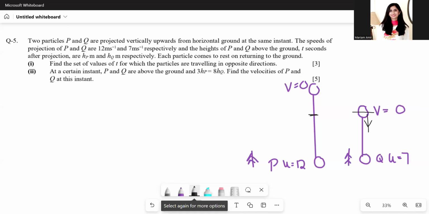But at this height, P will continue going upwards till it reaches its maximum height, when the speed becomes 0. So we have to find the time for this part.